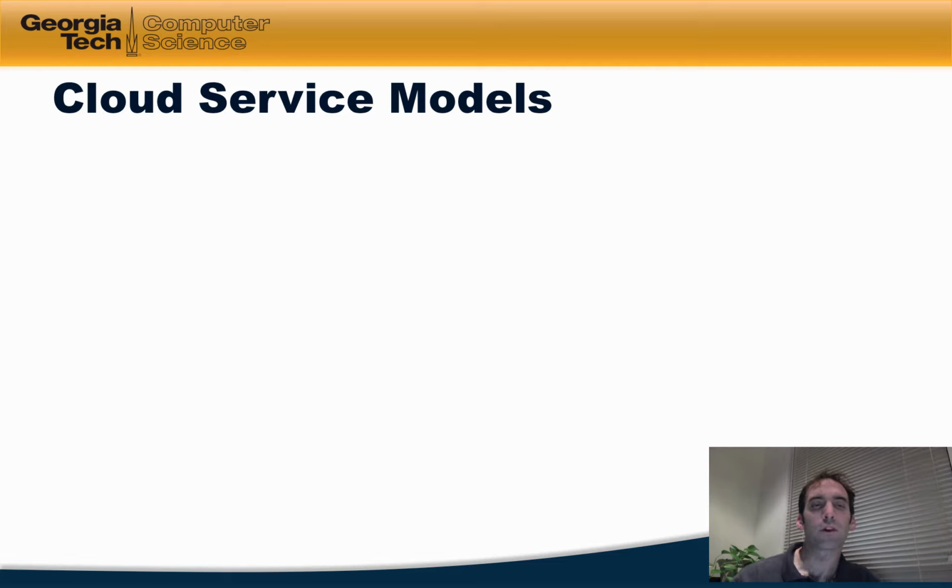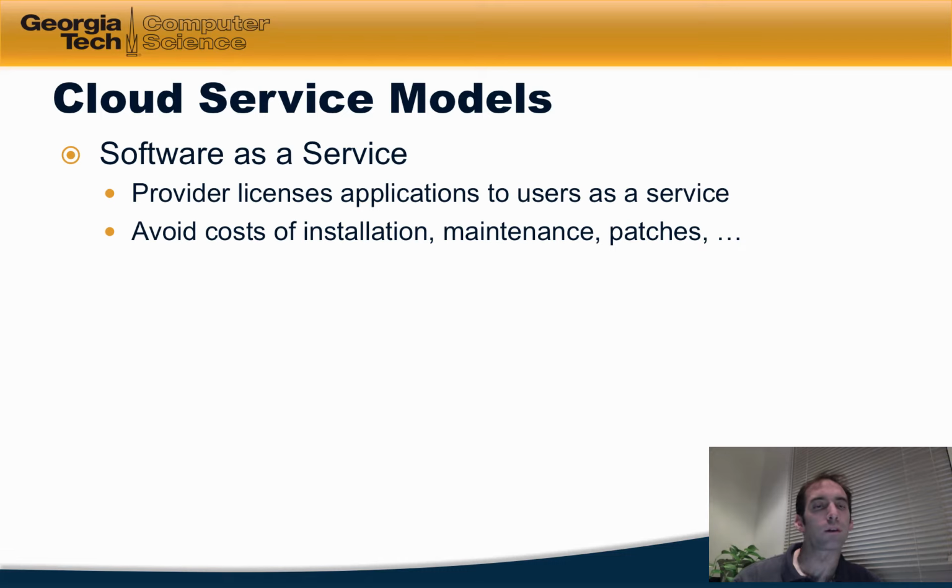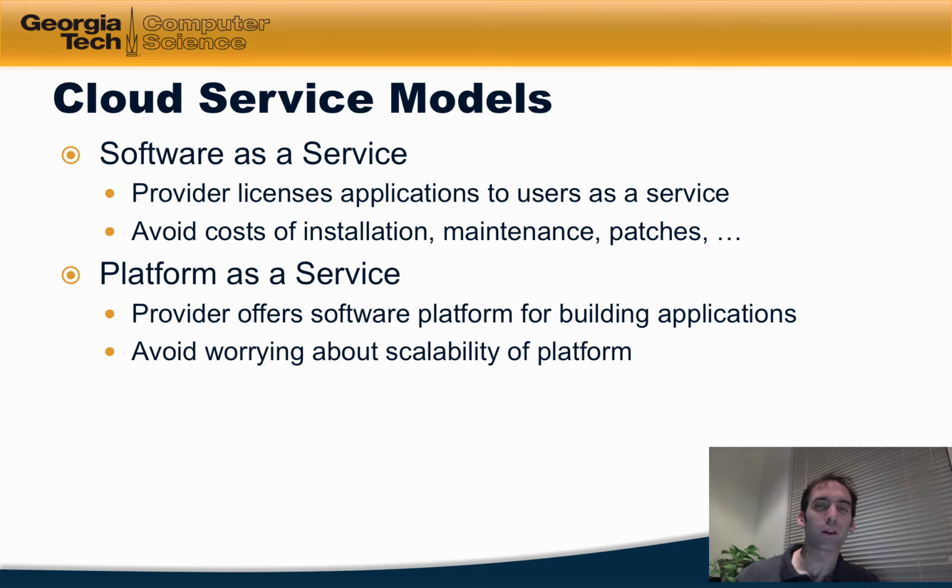There are many different service models for cloud computing. One is called software as a service, whereby the provider licenses applications to users as a service. The customer thus avoids the cost of installation, maintenance, patches, and so forth. A second model is the platform as a service model, whereby the provider offers a software platform on top of which a customer can build applications.